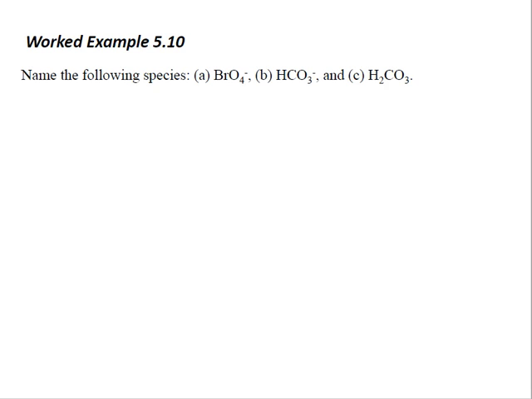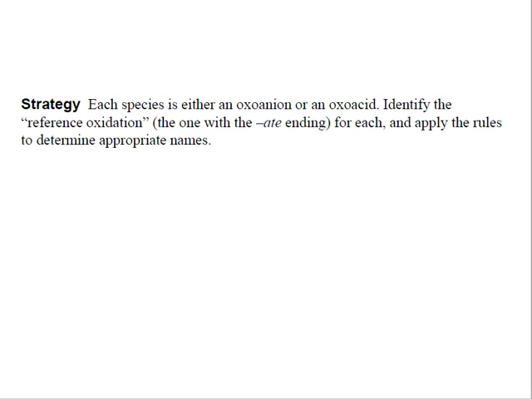Example 5.10, name the following. We have part A, BrO4-, part B, HCO3-, and C, H2CO3. The strategy here is looking at something that is either an oxoanion or an oxoacid. Identify the reference oxoanion, meaning the one with the -ate ending, and then apply rules to determine appropriate names.